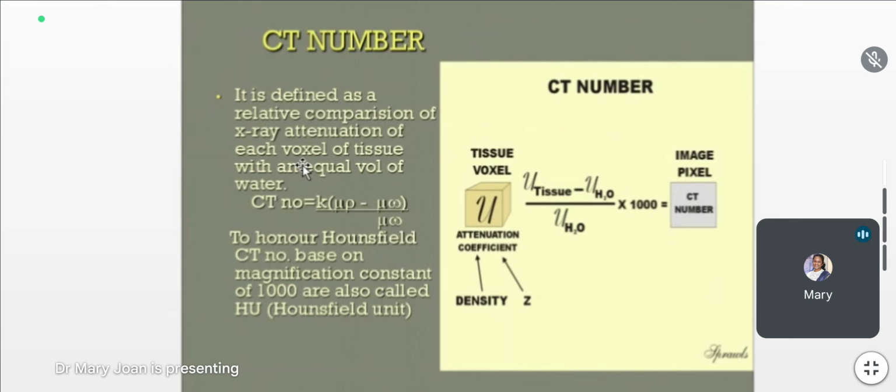CT number is defined as the relative comparison of X-ray attenuation of each voxel of tissue with an equal volume of water. As we have seen, CT number is K multiplied by mu tissue minus mu water, divided by mu water.